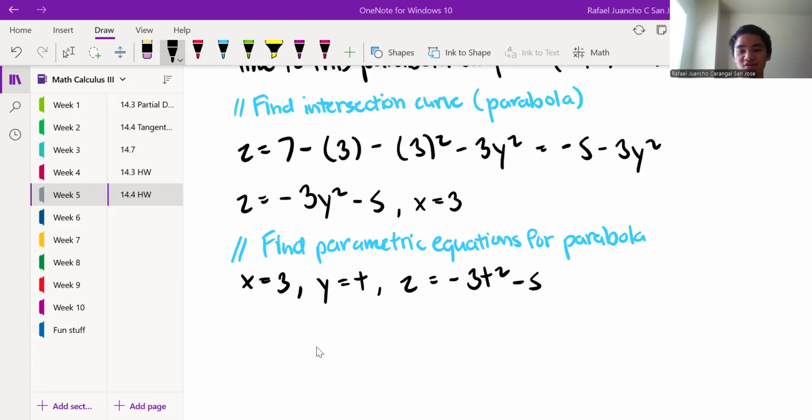Now we want to find the tangent line. How do we do that? Well, we want to take the derivative, right?